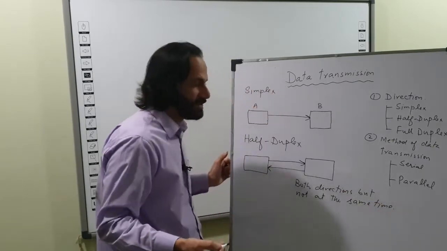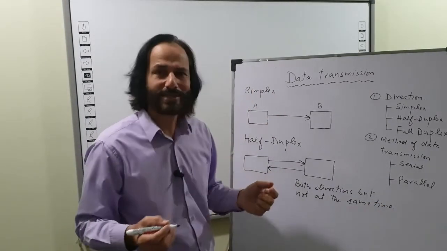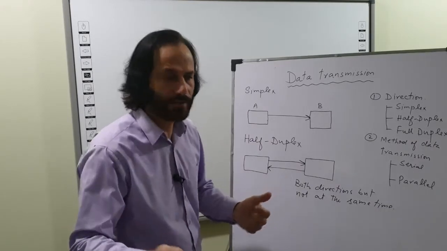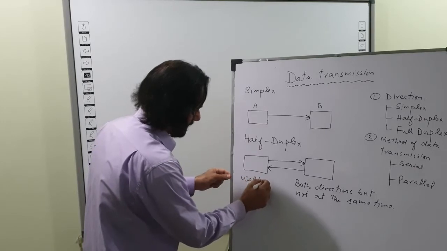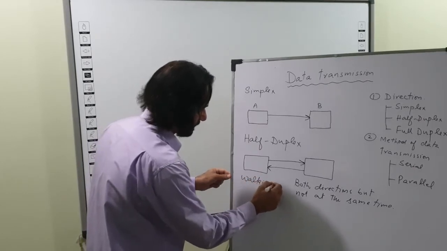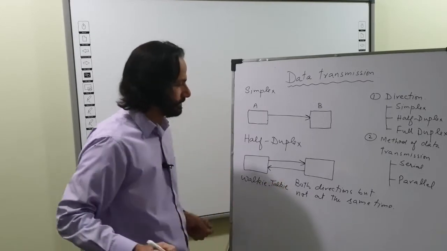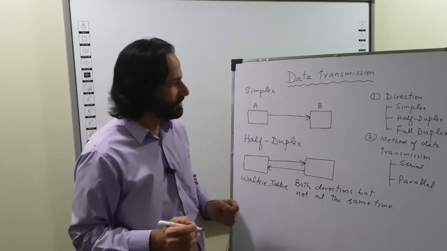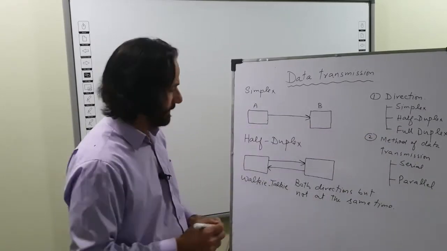The most common example is using a walkie-talkie. This is one example of half-duplex data transmission.